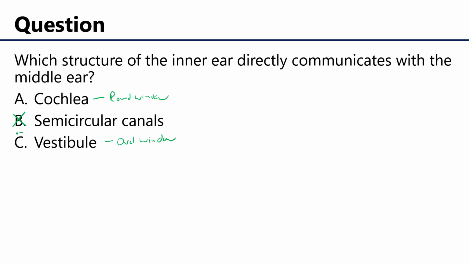The better answer would be the vestibule, because the vestibule is what is conducting the sound vibrational energy from the ossicles to the cochlea, whereas the cochlea just has the round window, which is vibrating to accommodate the incompressibility of the perilymph. So best answer vestibule, but one may make a case for cochlea also being technically correct.